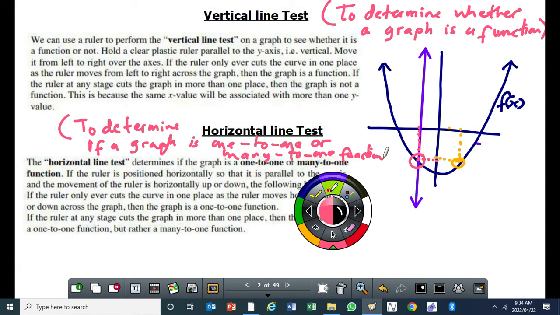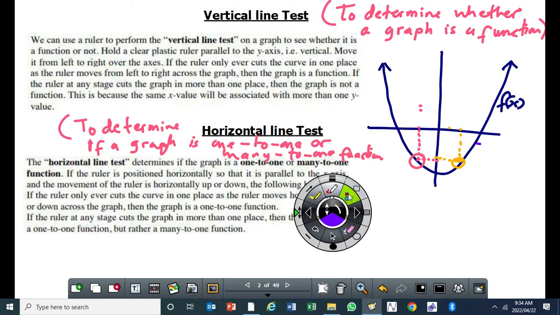Now, it's the opposite of what I was doing with the vertical line test. So allow me to delete this. Okay, let me go back here.